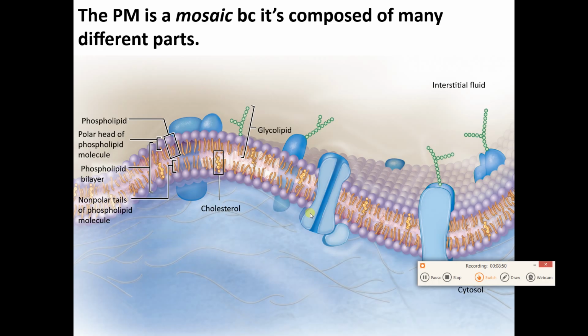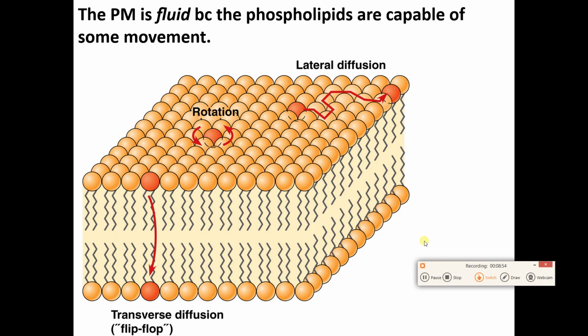So this fluidity is really important. It's important for cell division. It's important anytime a cell has to move the membrane, like if it's doing phagocytosis. It's important for the ability to add new proteins in and take proteins out of that membrane as well.